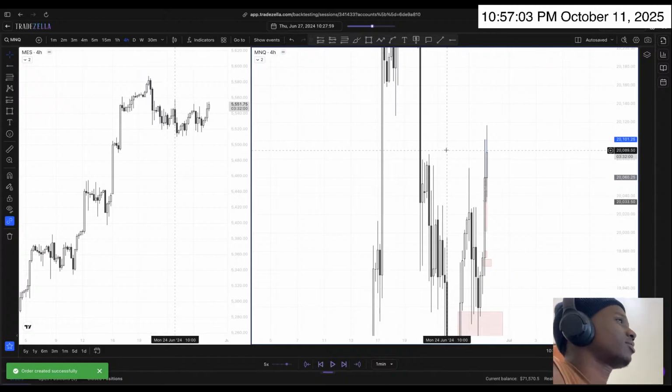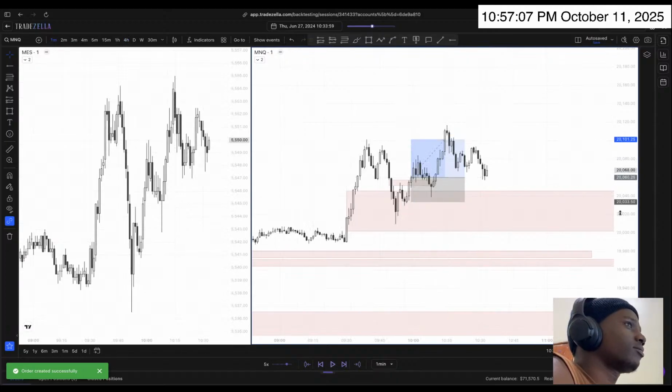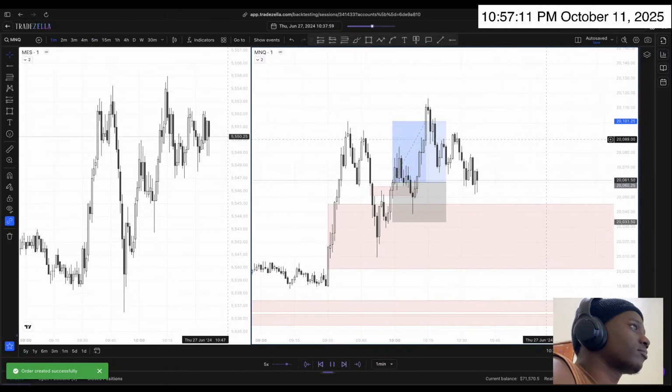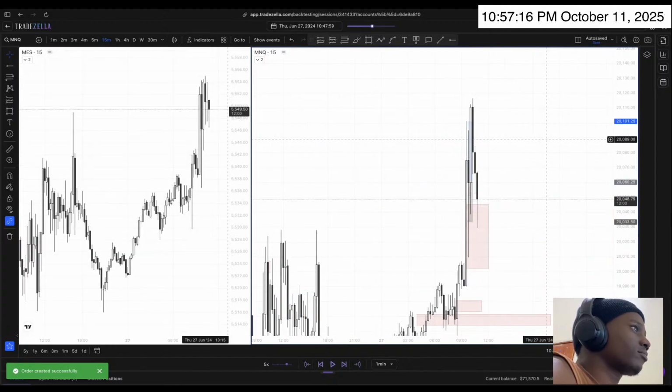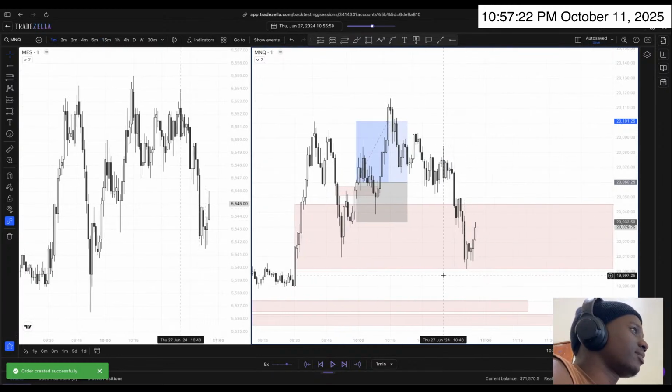Some kind of SMT, this high hasn't been taken out. I think it's probably gonna drop. Get retracement back into the gap there. Alright.